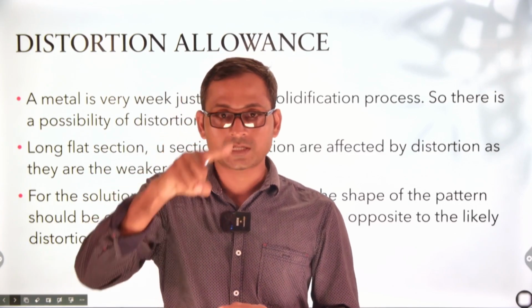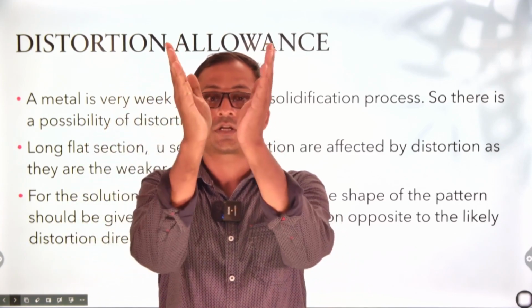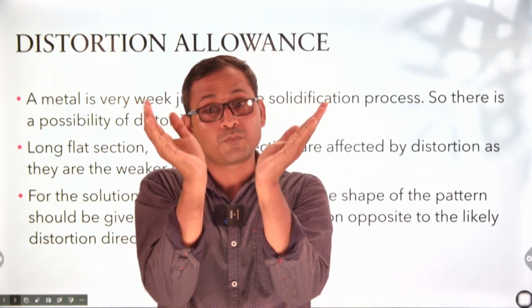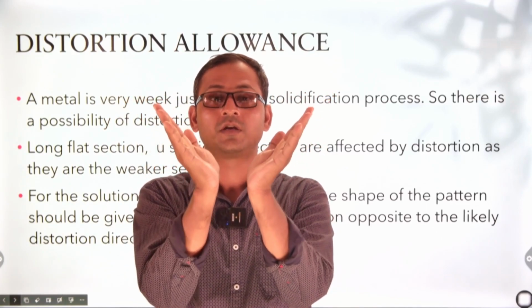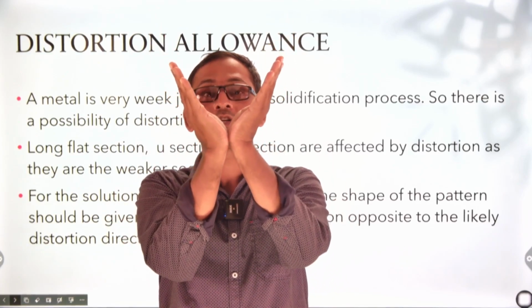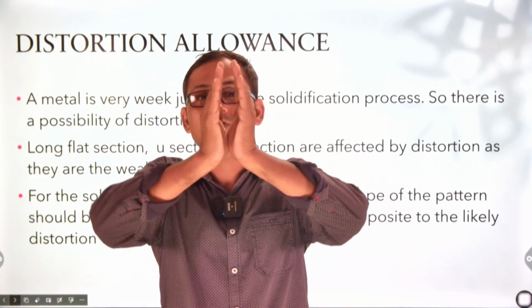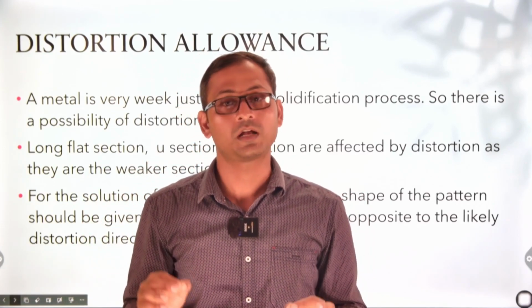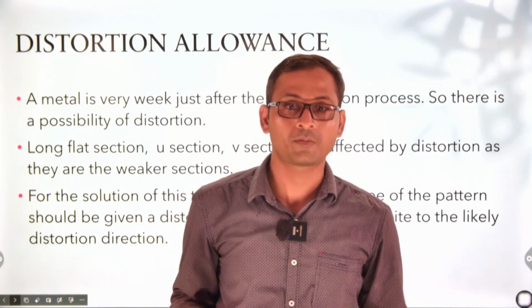If you take the V shape like this, they distort like this. So what we give is a similar distortion in the opposite direction. If you want to create a shape like this, you give a distortion intentionally in this direction. This is called your distortion allowance. So this is all about your allowances.